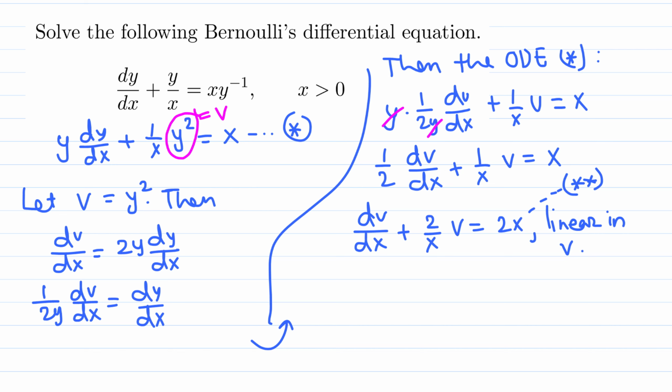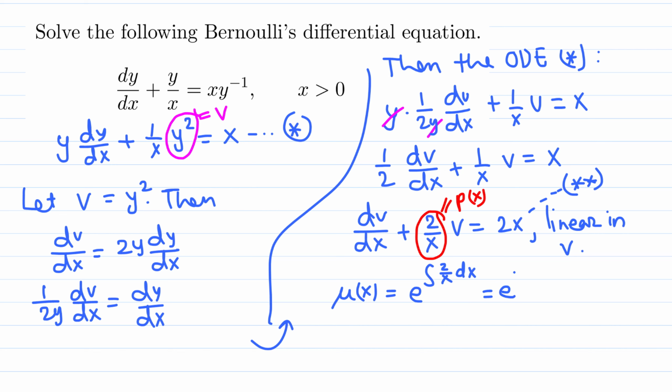Now we find an integrating factor, and this one is our p to find the integrating factor. Let me use the same color. The integrating factor mu of x is e raised to the integral of 2 over x dx.